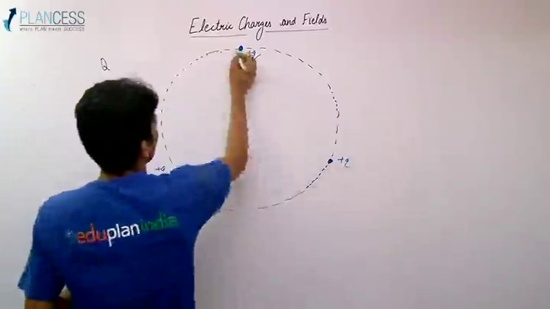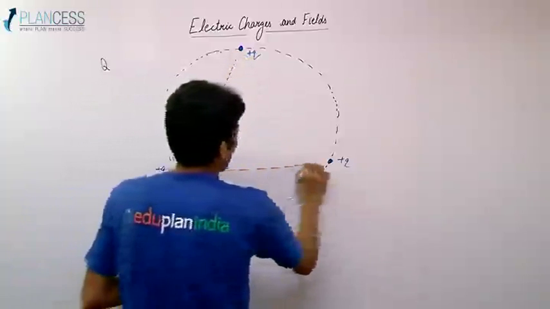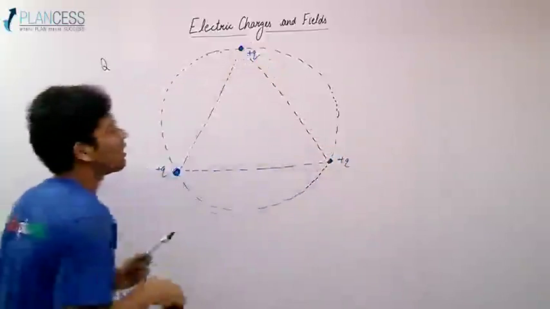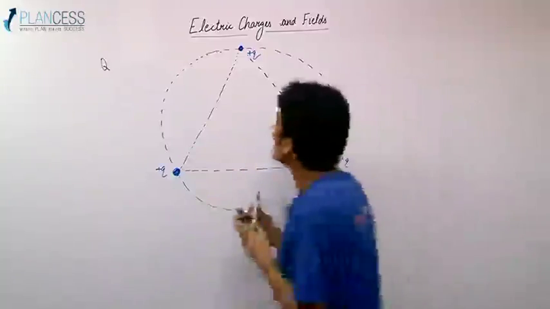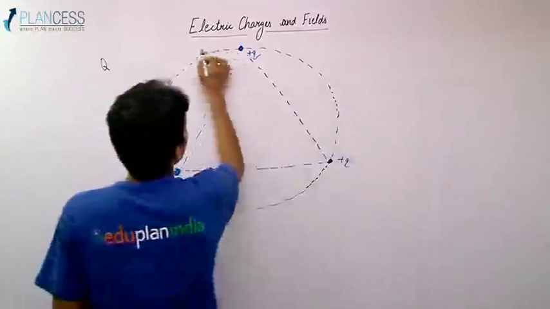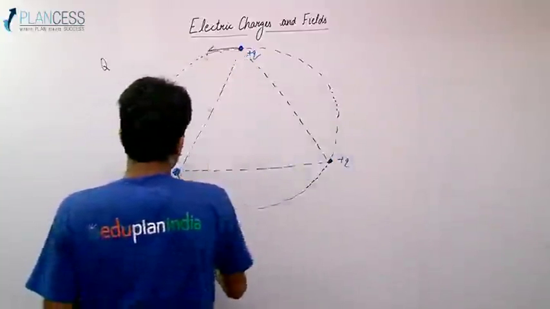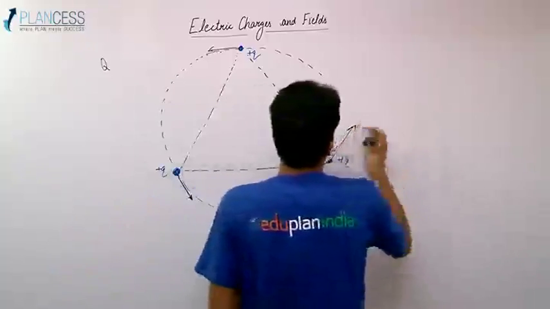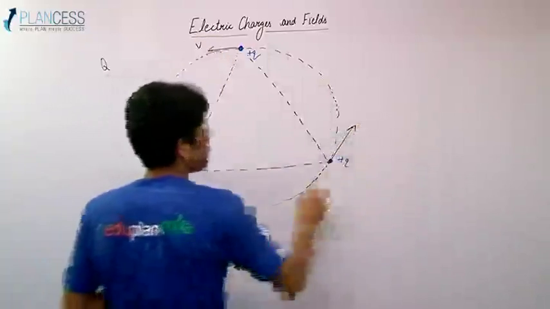So if these charges are placed symmetrically in this circle, you can say by symmetry that these three charges form an equilateral triangle. And these three charges are not static, they are actually moving in this circle with velocity v.